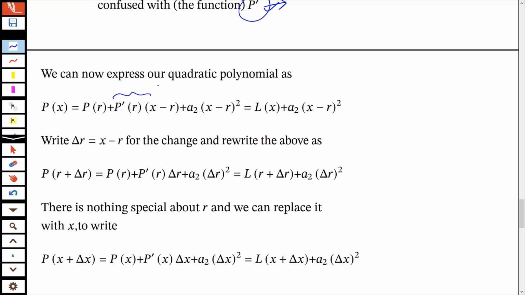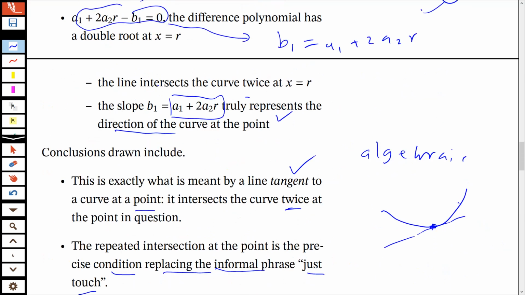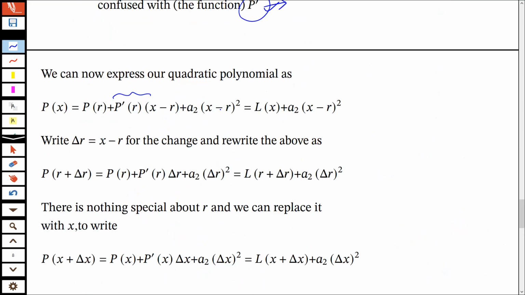If you follow the previous discussion, that special value a1 plus twice a2 r was already there. This was exactly what was multiplying x minus r. So we now expand our function as a constant plus something multiplying x minus r. That something is the derivative at r, and the rest is just a nonlinear term.